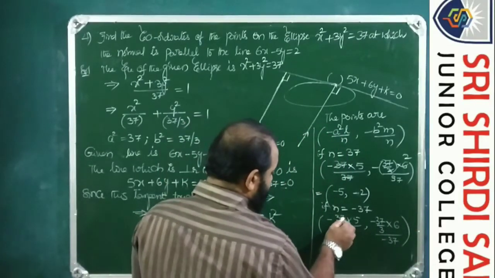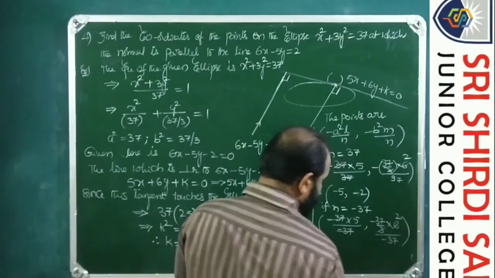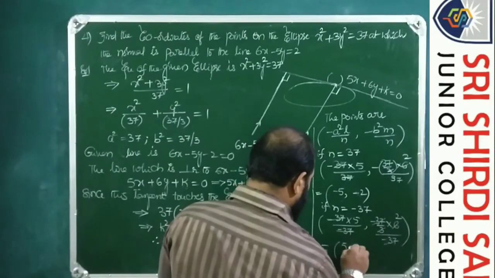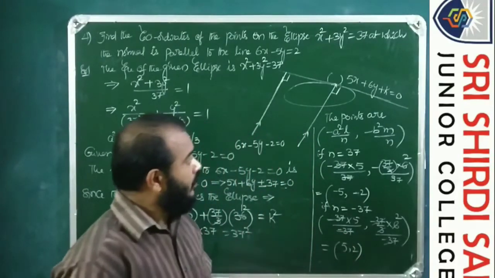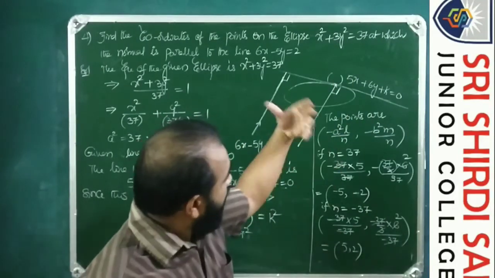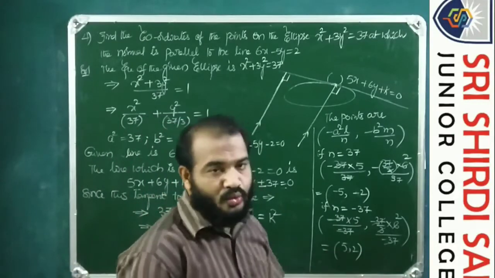So minus 37 gets cancelled. 3 2s are 6. Minus 37 gets cancelled. We get 5 comma 2. So this is 5 comma 2, and there is a possibility of another point also.